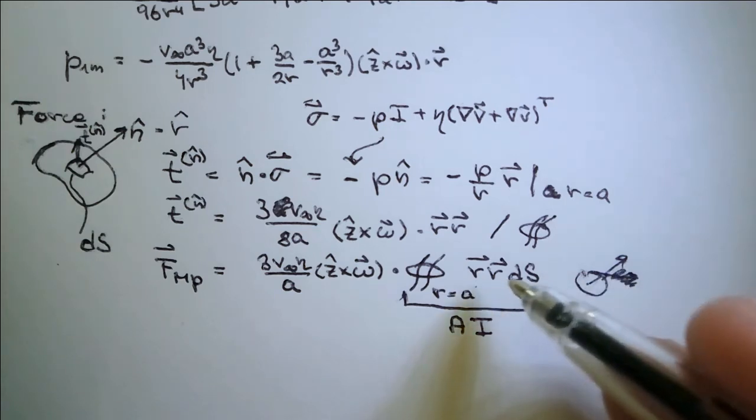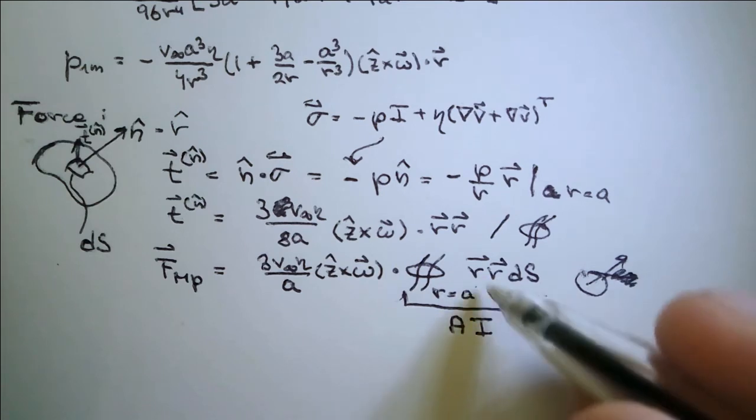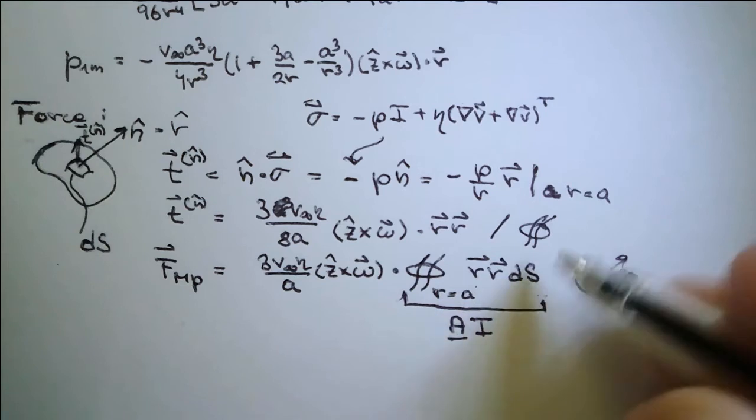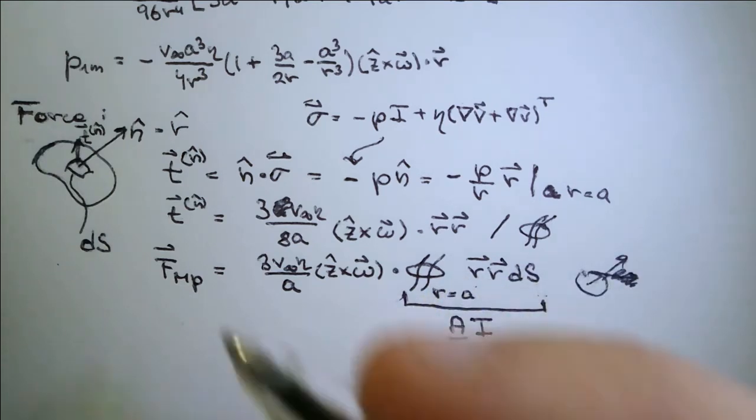If we take some linear operation on both sides, we are going to get A. This operation is the trace.